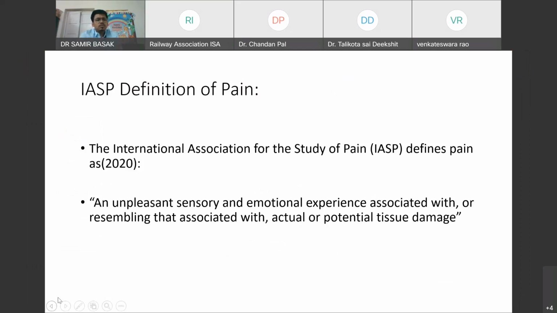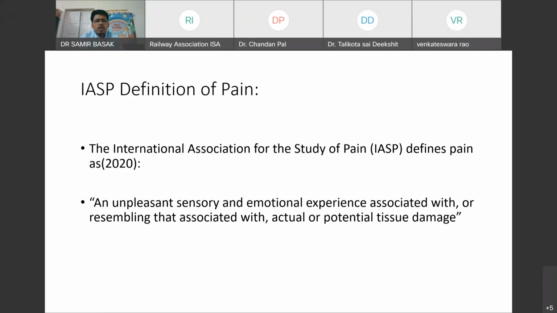Regarding the pain pathway, first we have to know the definition of pain. Very recently, in 2022, the International Association for the Study of Pain defined pain, because all over India we used only one definition to identify pain. Previously it was something else, and there was nothing included for cases where there is no cut or nothing visible.